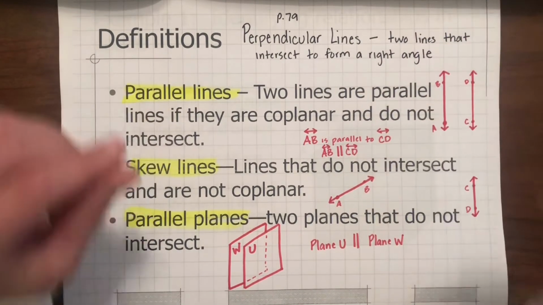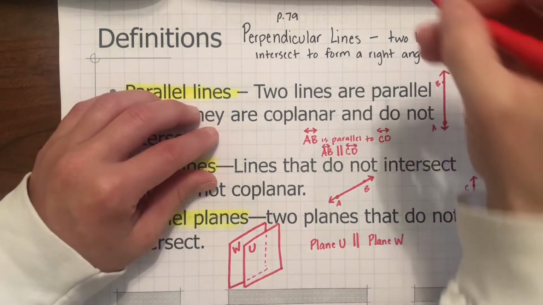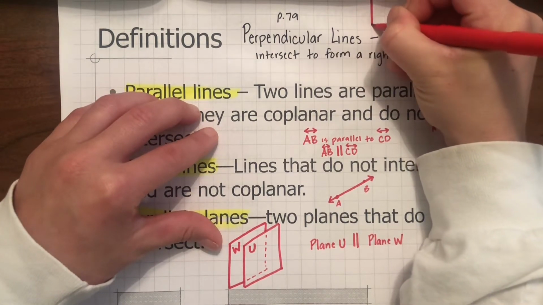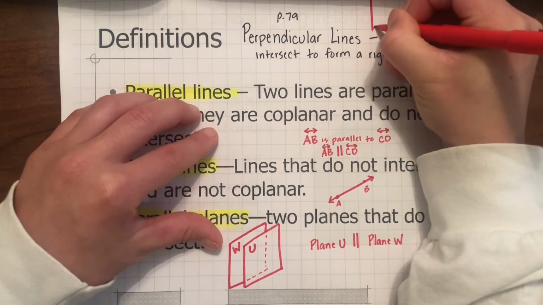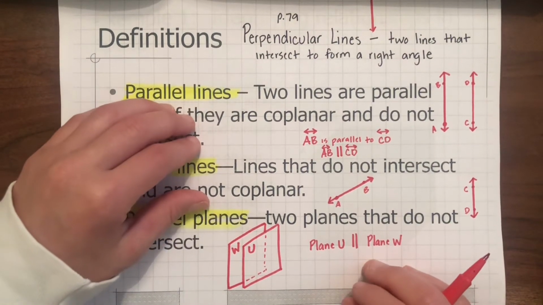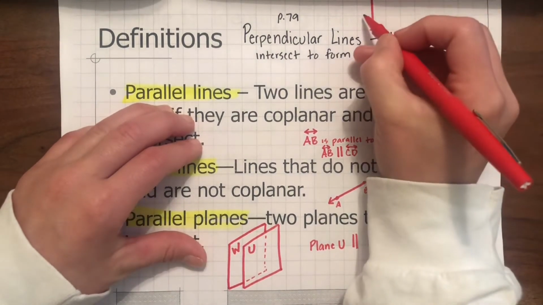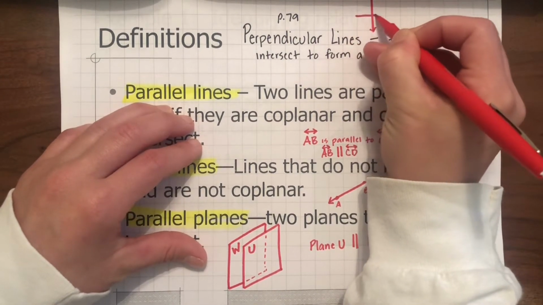So perpendicular lines are two lines that intersect to form a right angle. And I'm gonna draw that for you. So basically we have a line straight up and down. And if we wanna draw a line that's perpendicular to that, it's going to intersect to form a right angle. So we would draw a line that's straight across.